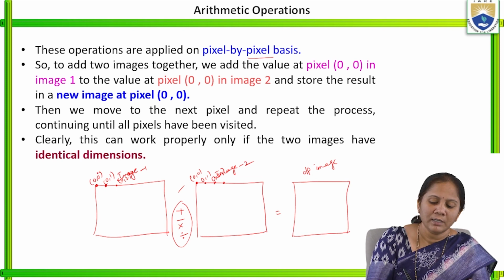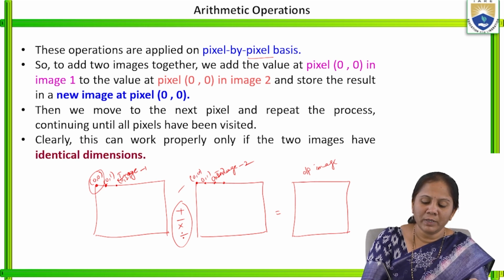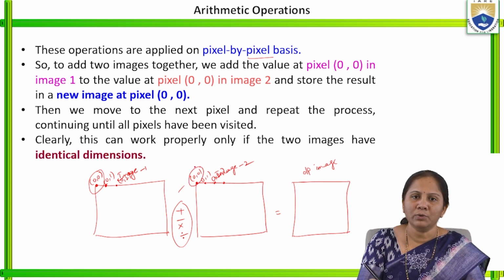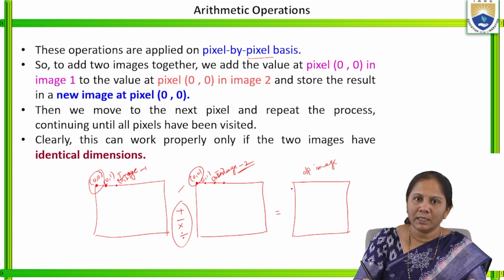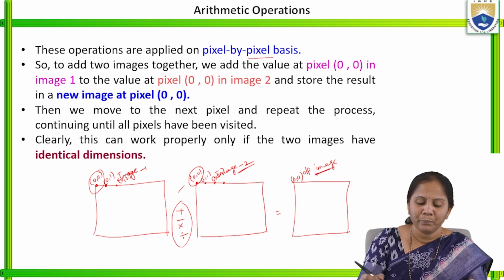That means pixel 0,0 of image 1 should be added with pixel 0,0 of image 2 only. Then the result we get is 0,0 and it will be represented in the output image.